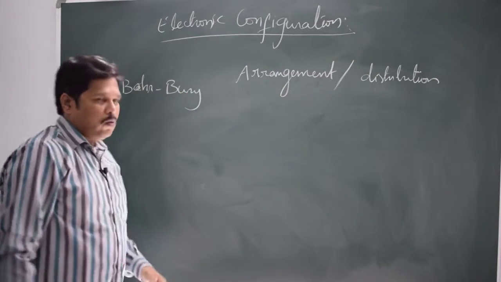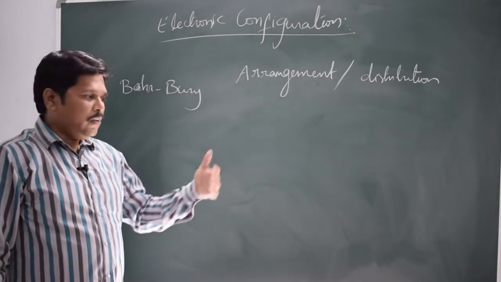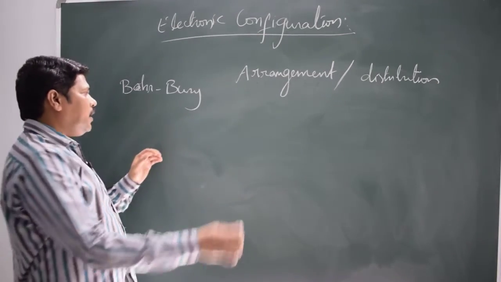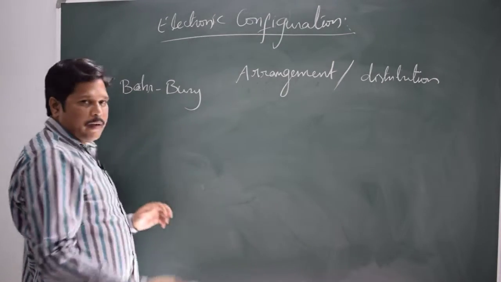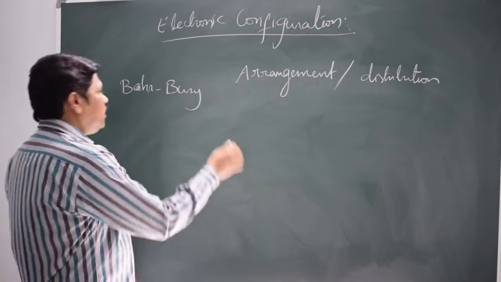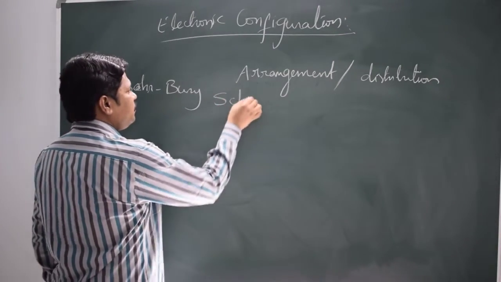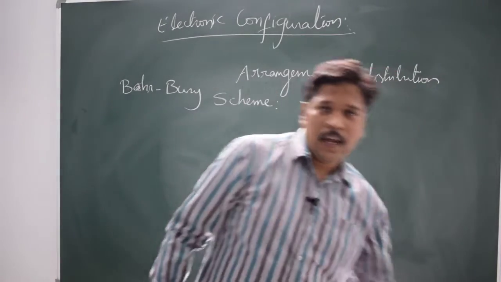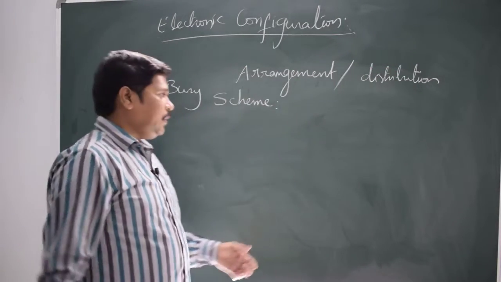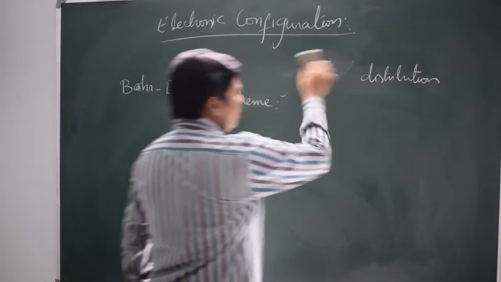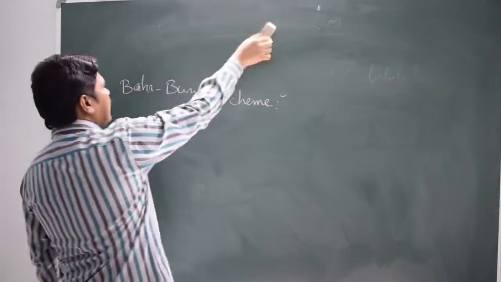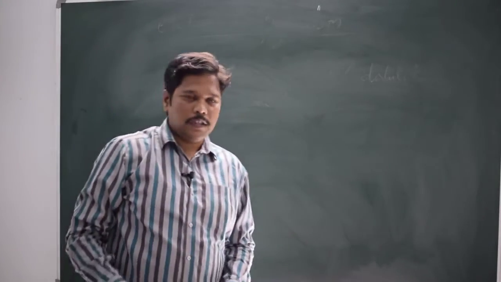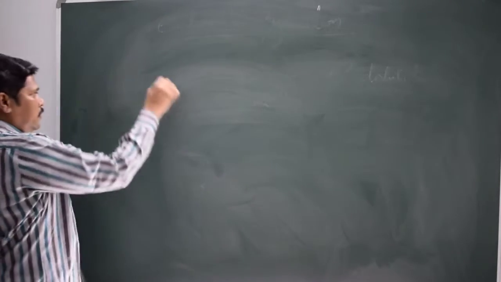It is the rule which the electrons obey while filling in the energy levels, given by the Bohr-Bury scheme. There are three important points to remember while writing the electronic configuration, or the distribution of electrons in different shells.